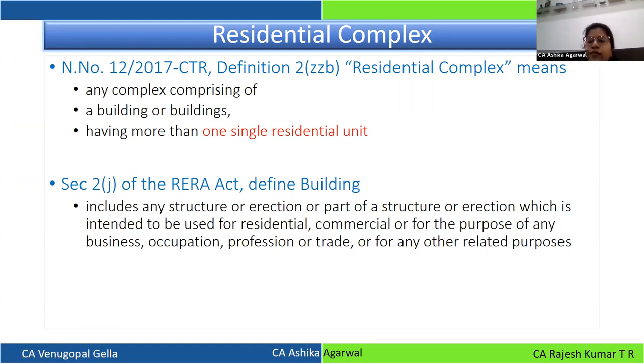So basically, if you have a complex where there are multiple floors and multiple apartments constructed on one floor, where people can reside or use it for commercial plus residential purpose, then obviously it will be regarded as a residential complex and not a single residential unit, because the word used is single residential unit, meaning only one unit should be there. Only then will the exemption be available, not for all the residential apartments being constructed.